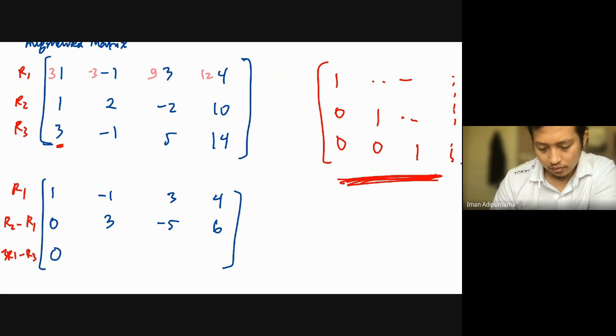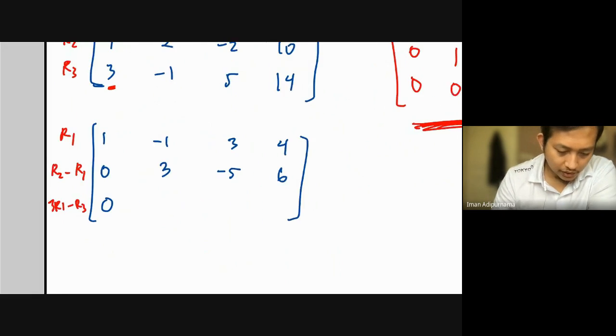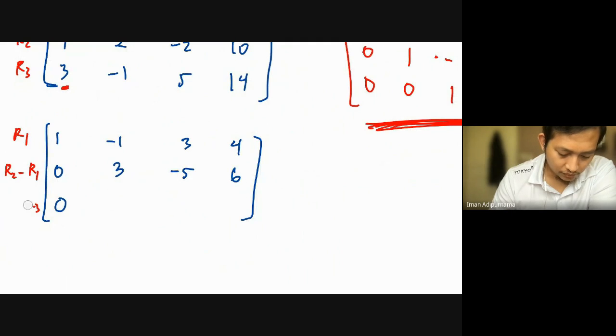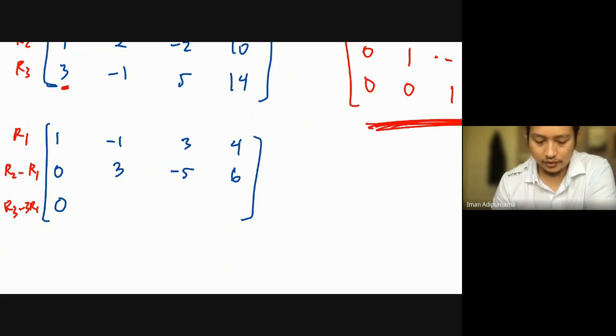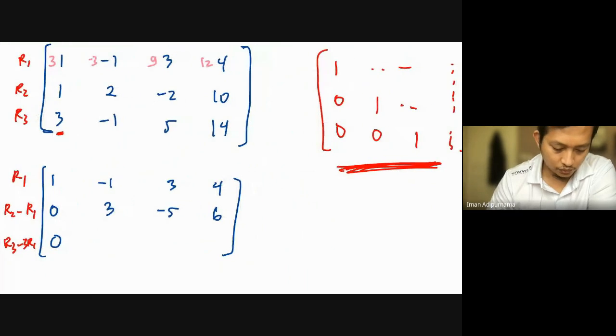Because we have 14, I think better is R3 minus R1, because I don't like to have a lot of negatives. So let's try this one. 3 minus 3 is 0.